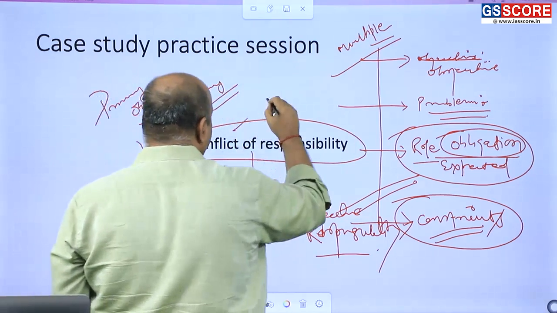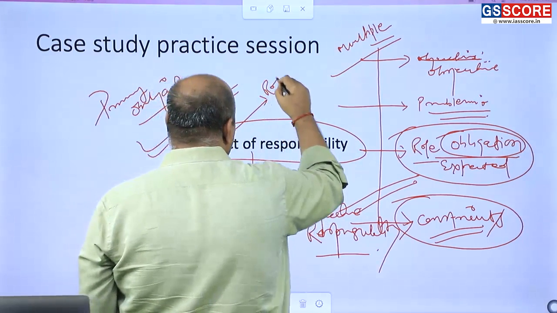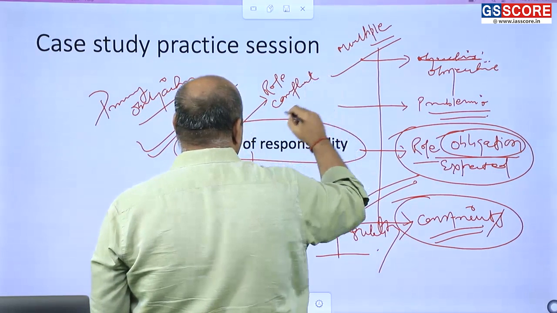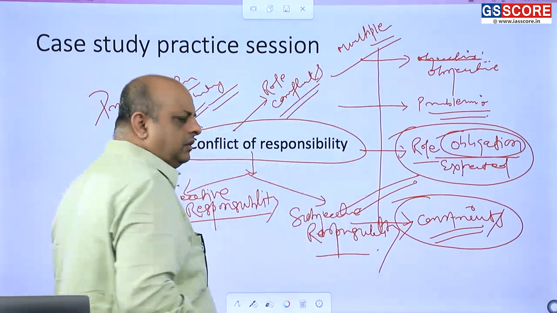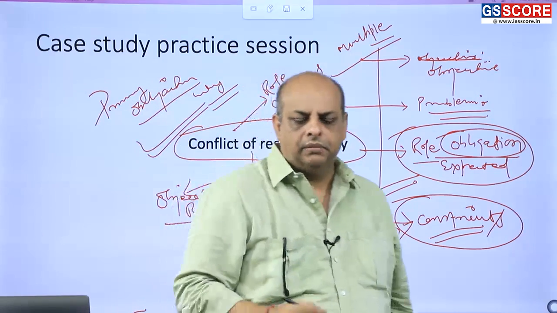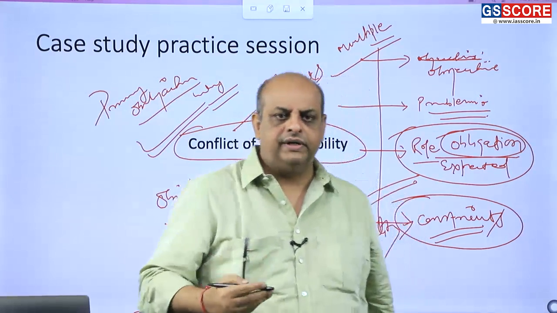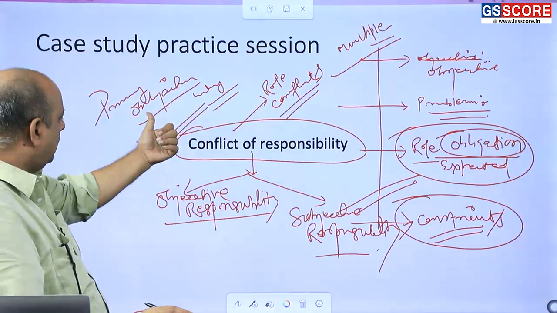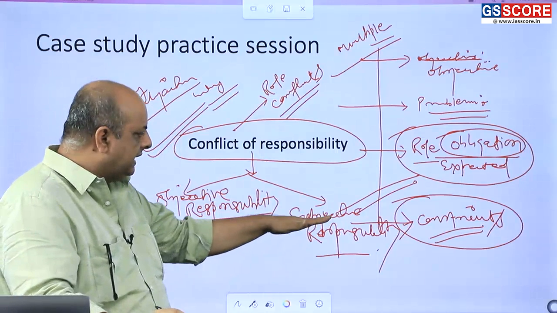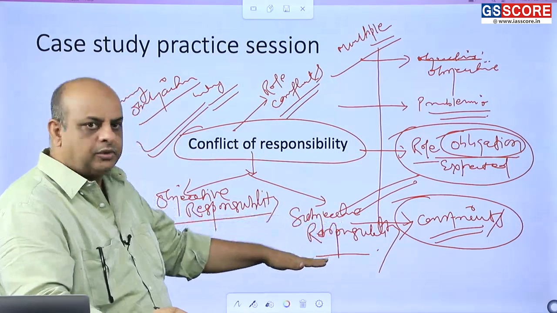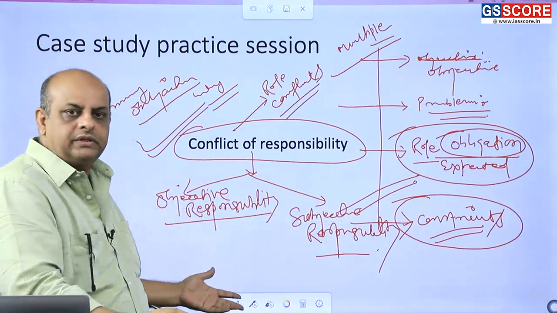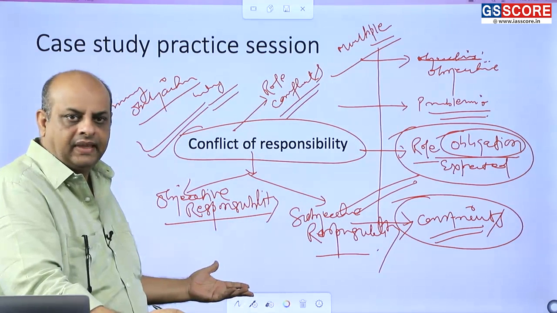Because always do remember that within the case, role conflicts are very common. Very, very common. But the question is, when the role conflict happens, on what basis do you prioritize either the subjective responsibility or the objective responsibility, one above the other?